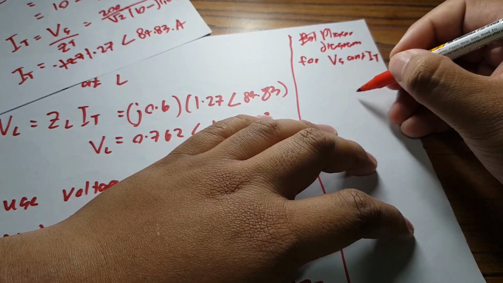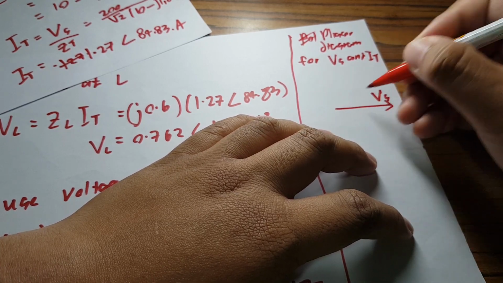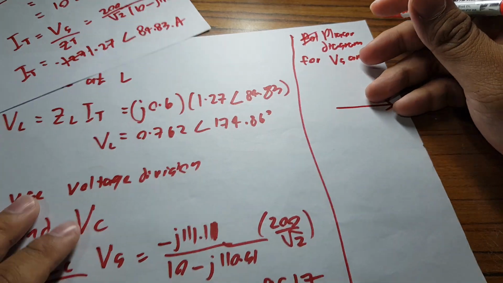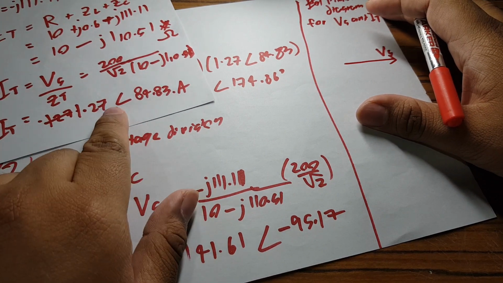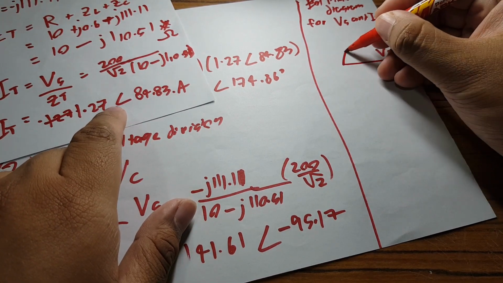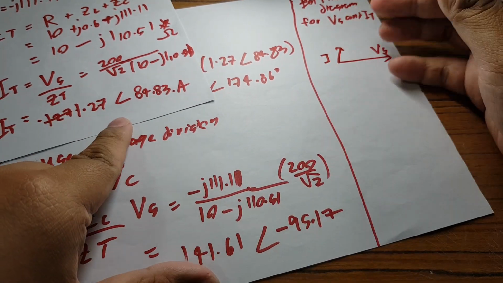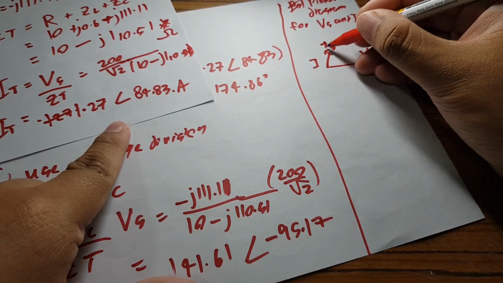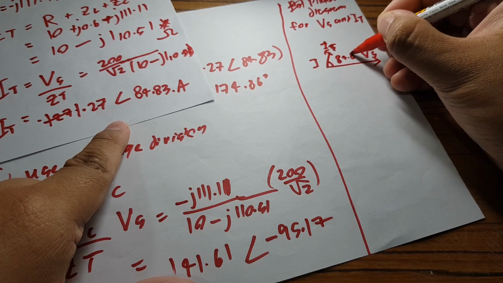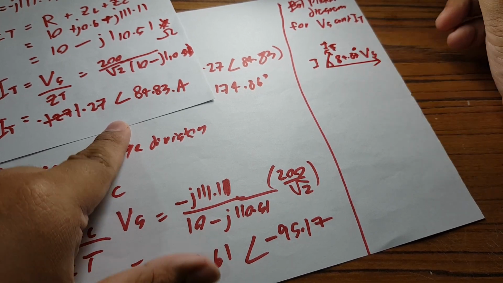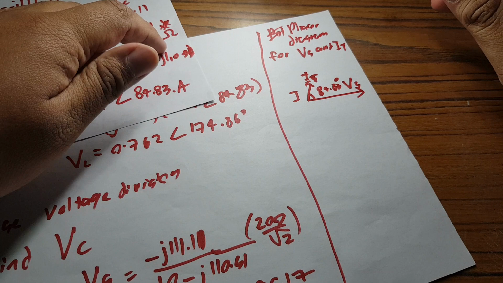So Vs is 200 0 degree, right? And I total, if you look here, goes this way. Make it smaller because this is 1.2, voltage is 200, so I total, and don't forget to put the degree 84.83 degree.